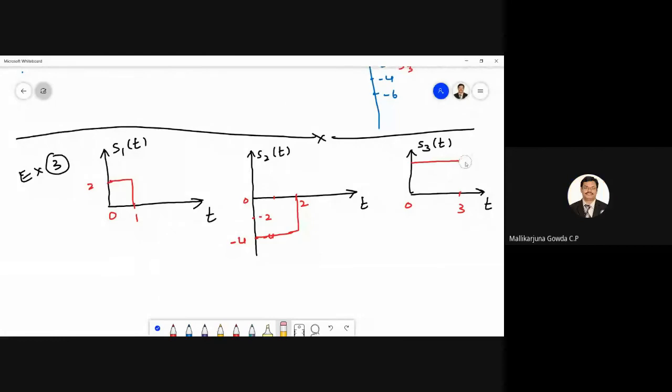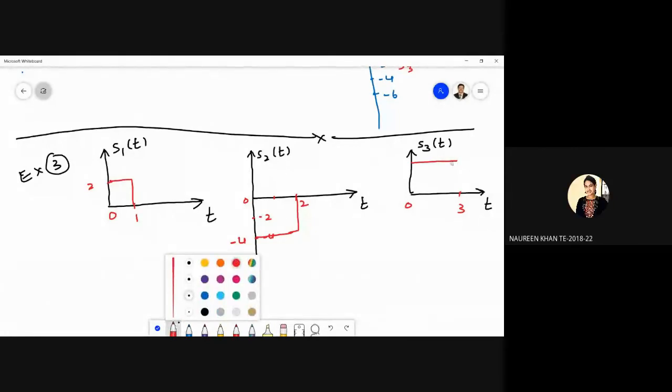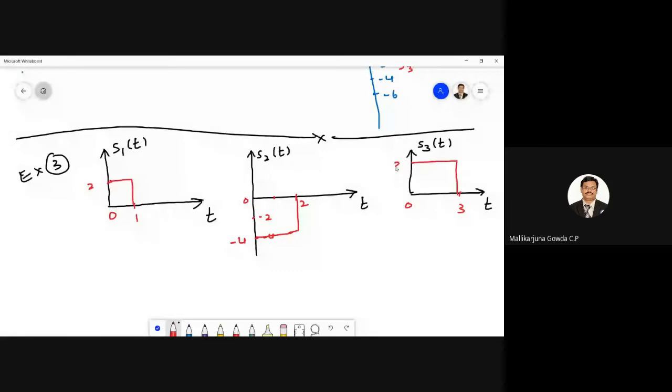So what do we do if all the three signals are independent of each other? Procedure is simple. See now it is independent. Looking at this picture, you understood that nothing is dependent on one or the other, right?